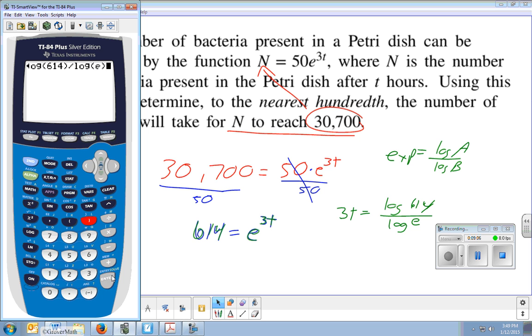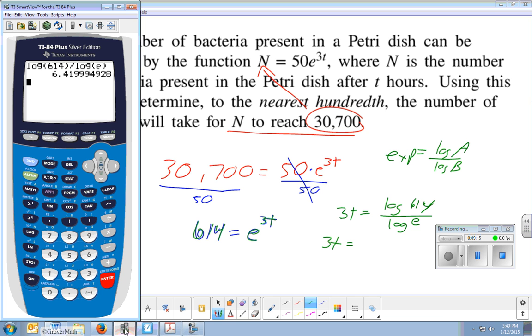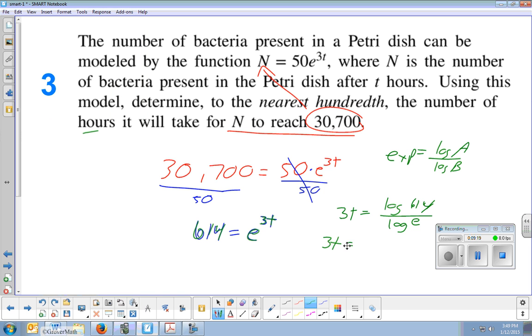And you could actually use natural logs here, but I don't mind using log base e. So 3t equals 6.419999, so on, so on. 6.4199 and a bunch of other stuff. But I want t, so I've got to finally divide by 3 in the end.